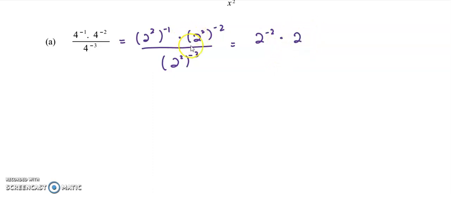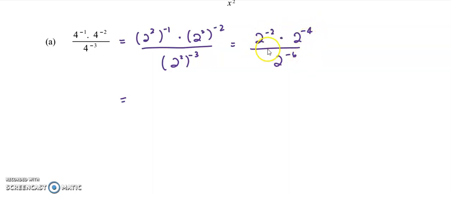The dot means multiply over here. This 2 power of -4, because 2 multiplied by -2 you get -4, and divided by 2 power of -6. So now I'm going to simplify it by using the laws of indices, where if the operation is multiply and the bases are the same, the powers we can add up.